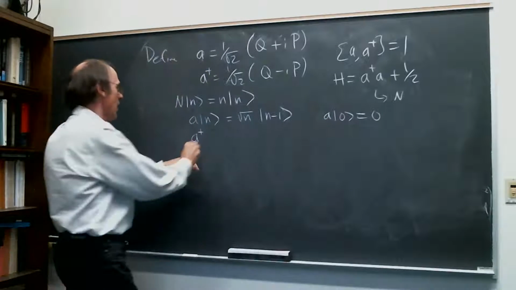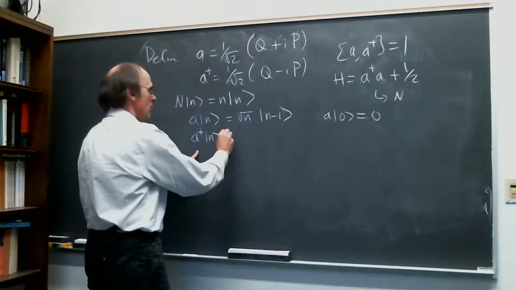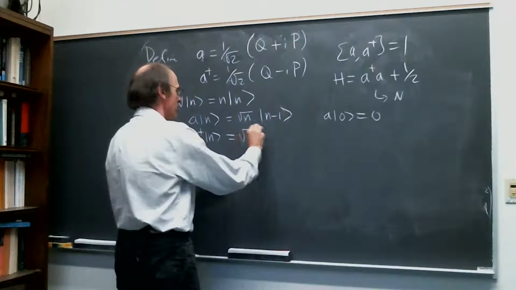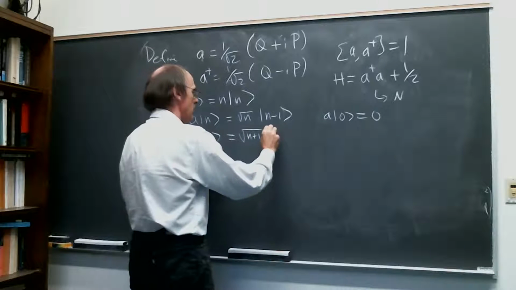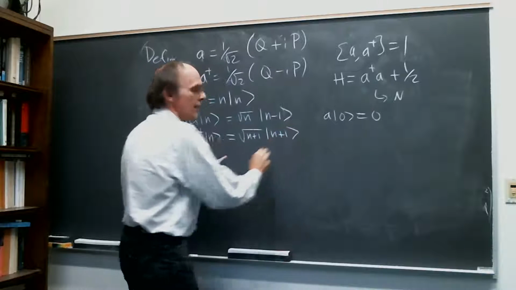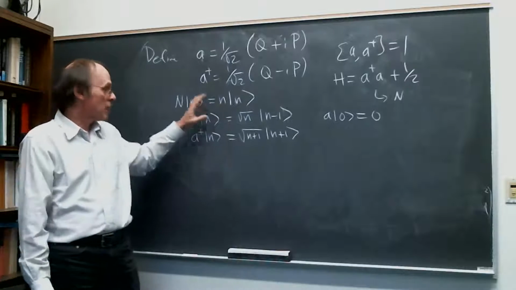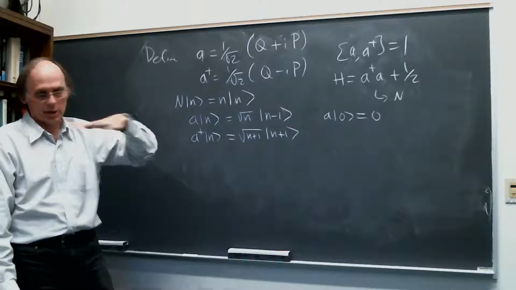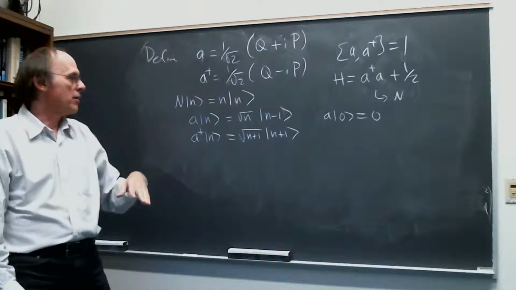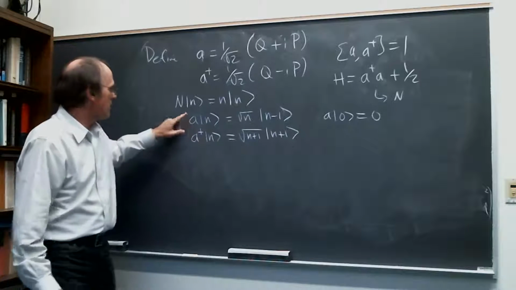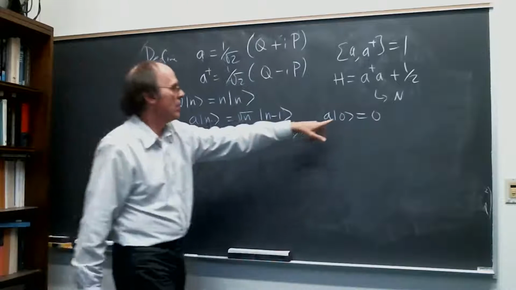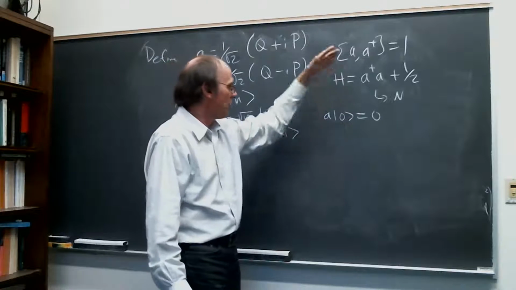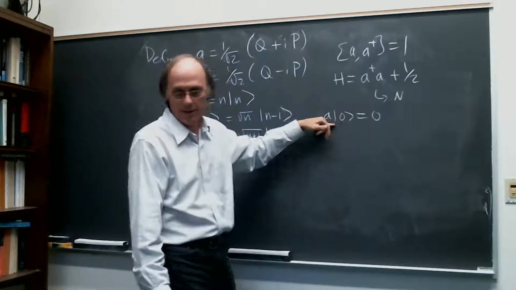And this one raises, with the square root factor. So what these operators do is there's a lowest energy state, and these move you up and down. If you try to move down from the lowest one, you can't. You're going to hit zero.